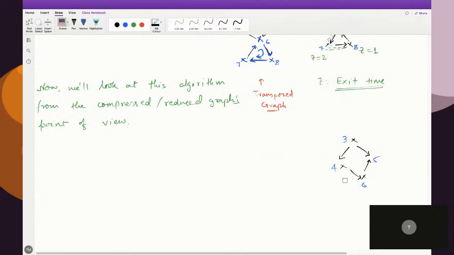I think I will draw it in a 3, 4, right? It will be called 4. There will be an edge. So this is the graph. Now please note that although this is just like one node, this is actually a connected component. This is also a connected component.